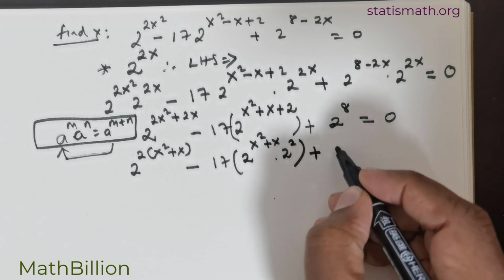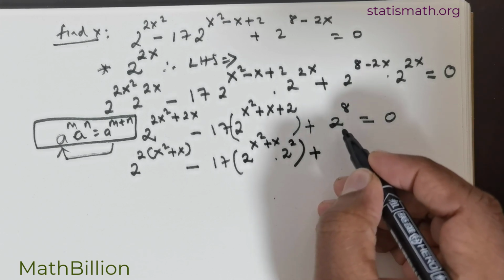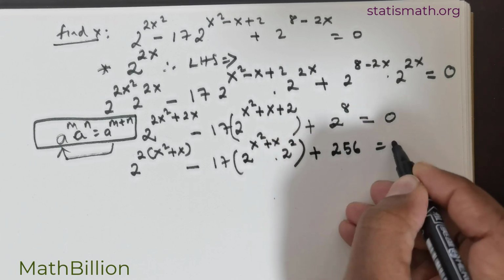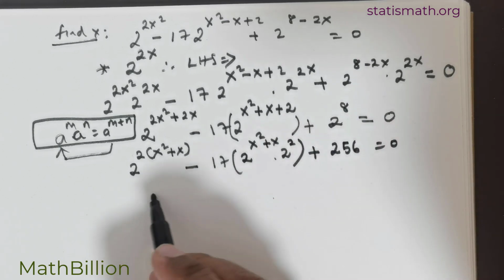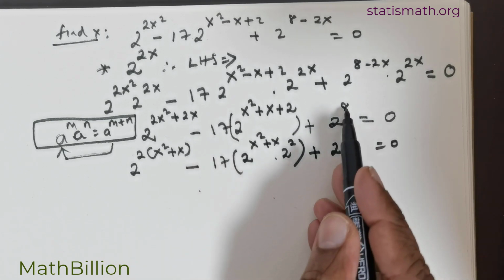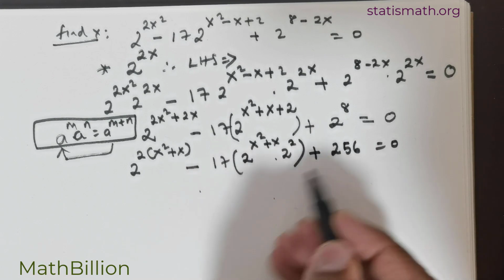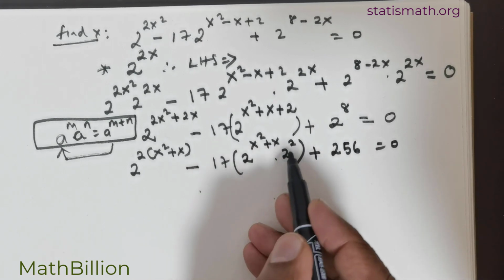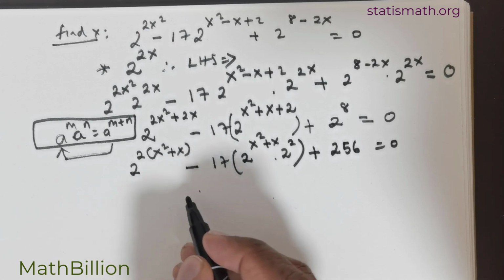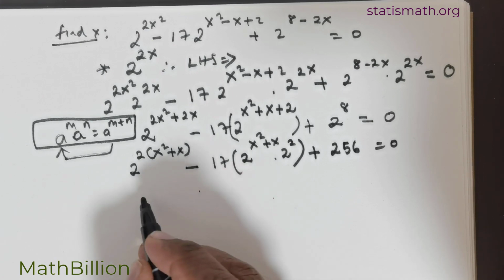Now if you were to multiply 2^8, in fact 2 multiplied 8 times, would give us 256. All we are doing is 2 times 2 times 2 and so on, up to the degree 8, and that would give us 256. Now this is going to be 4 multiplied with 17, and that would give me a value of 68.